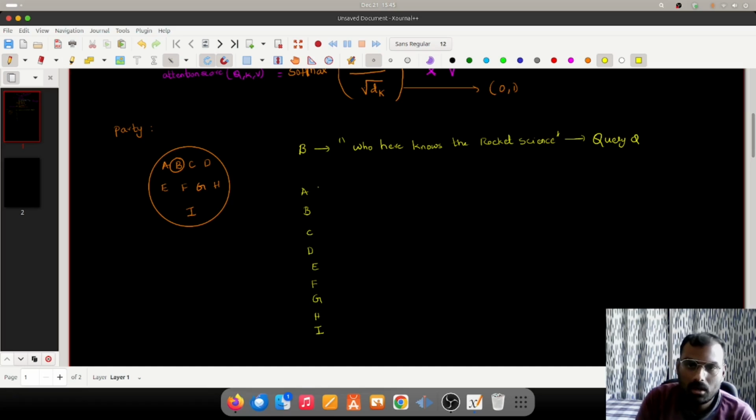So these persons will all have some tags attached to them, right? A may be a chef, B may be a software engineer, C may be a musician, D may be an electrician, and so on.